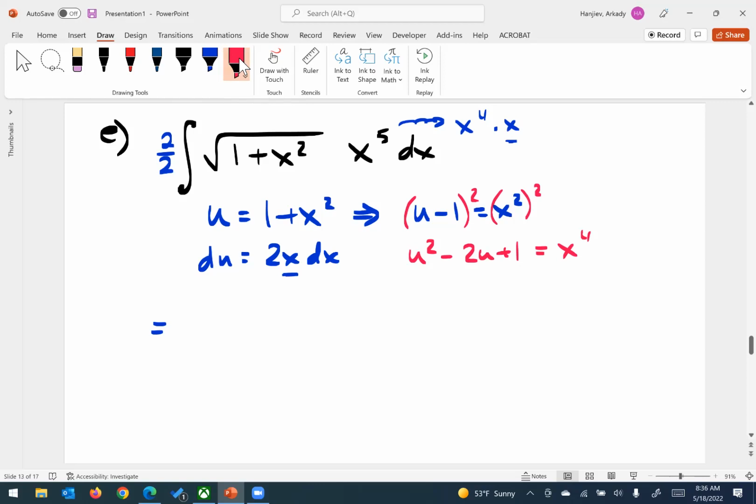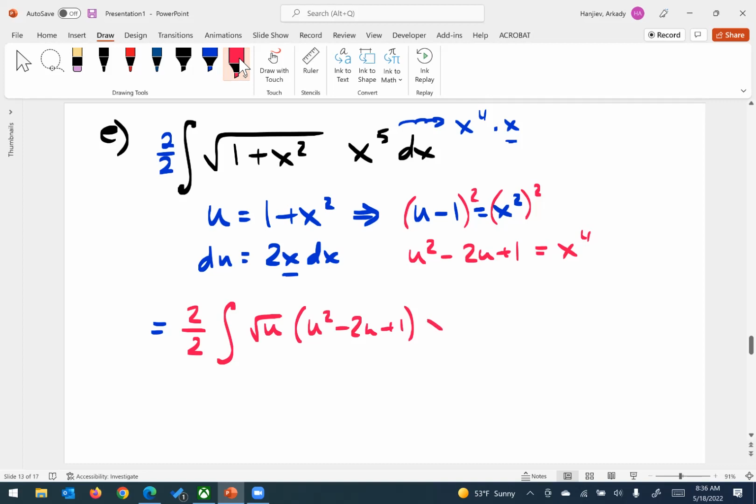I'm going to stick, just so we don't get too confused, the 2 and the 2 goes on the outside and still stays there. This guy becomes the square root of u. Good there so far? The x to the 5th becomes u squared minus 2u plus 1.